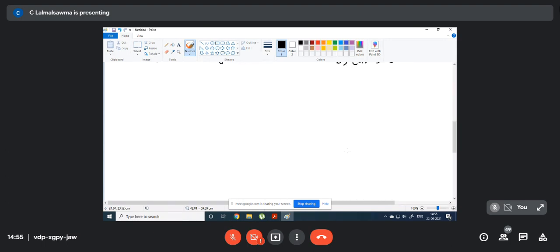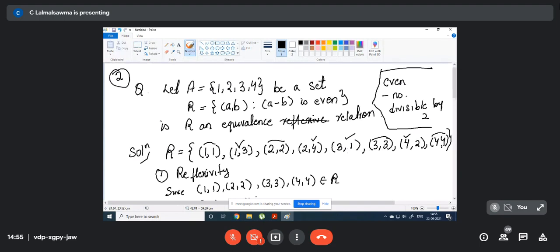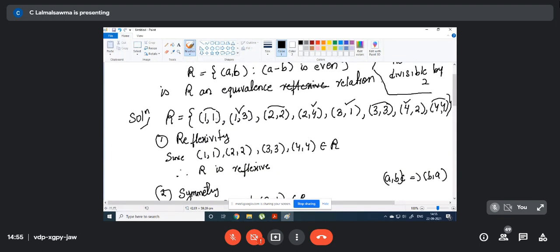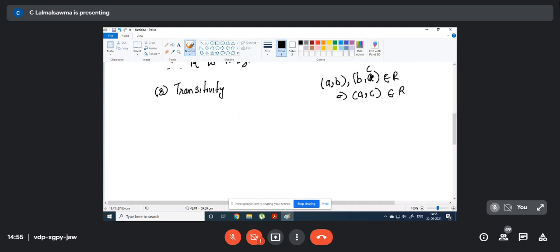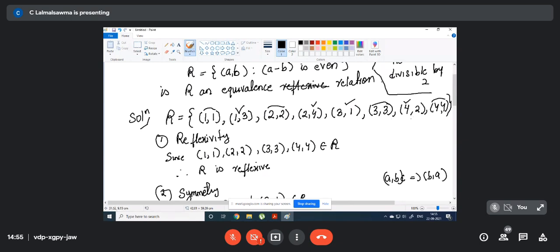So let me take any two pairs which belong to R. For example, we take 1 3 belongs to R, and any pair starting with 3. So there is 3 1 and 3 3.